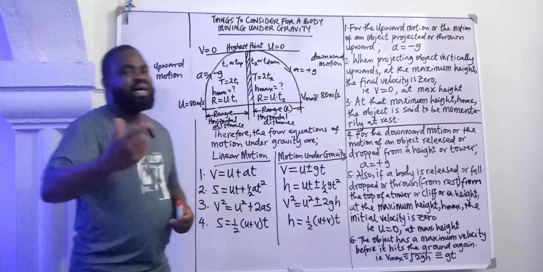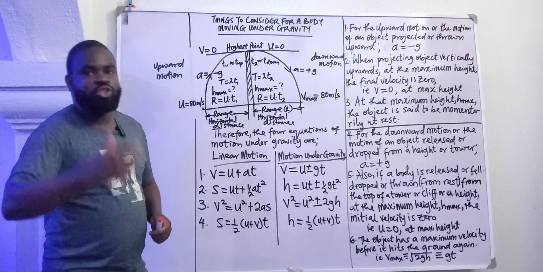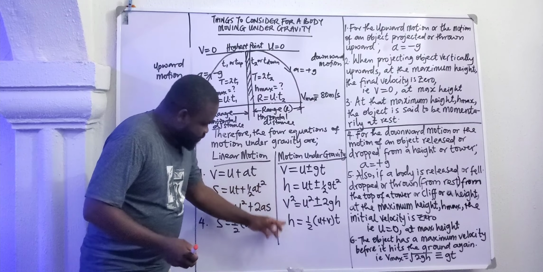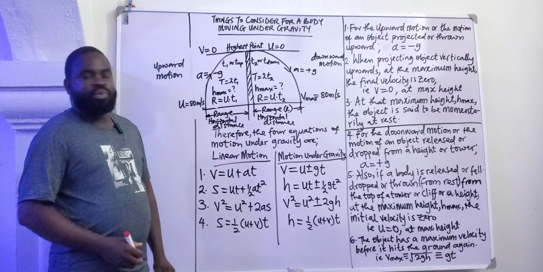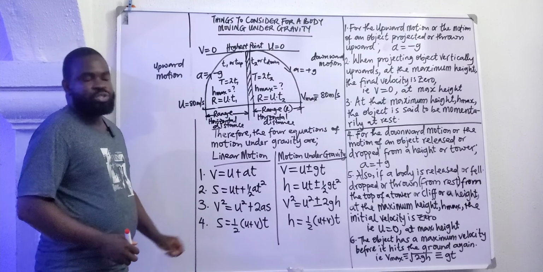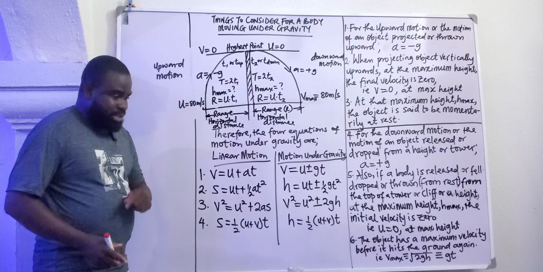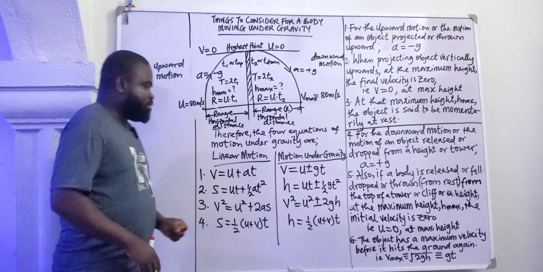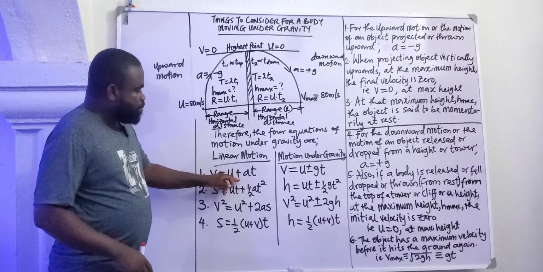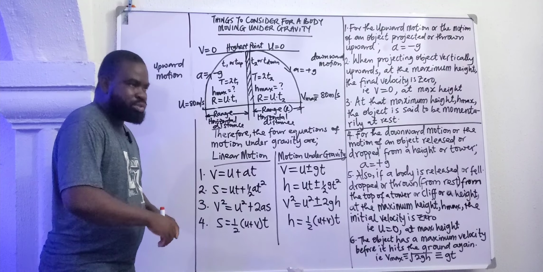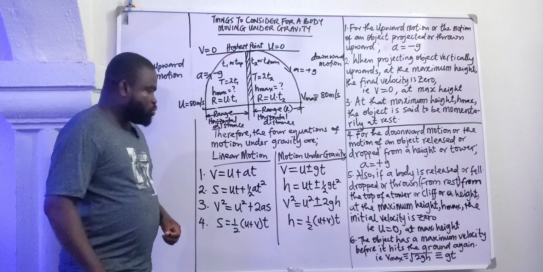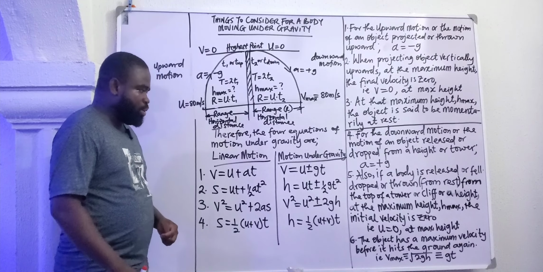So anytime you are asked to state the equations of motion under gravity, these are the four equations. Similar to these four equations, like I said, only you replace x with h and replace the plus with plus and minus. Plus when the body is falling down, minus when the body is thrown up, going vertically upward.